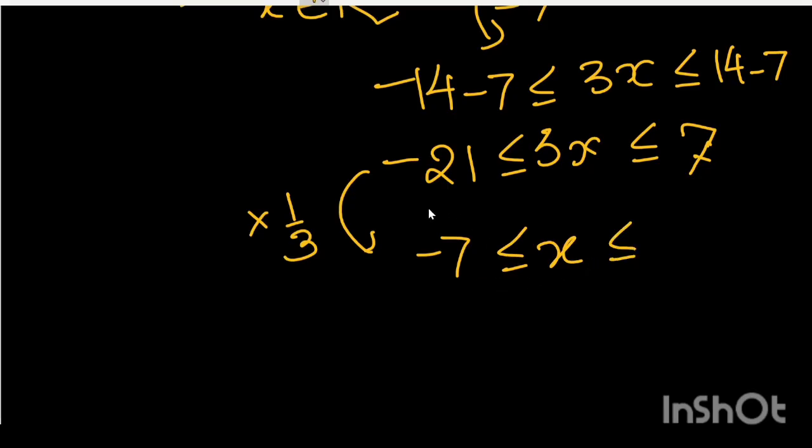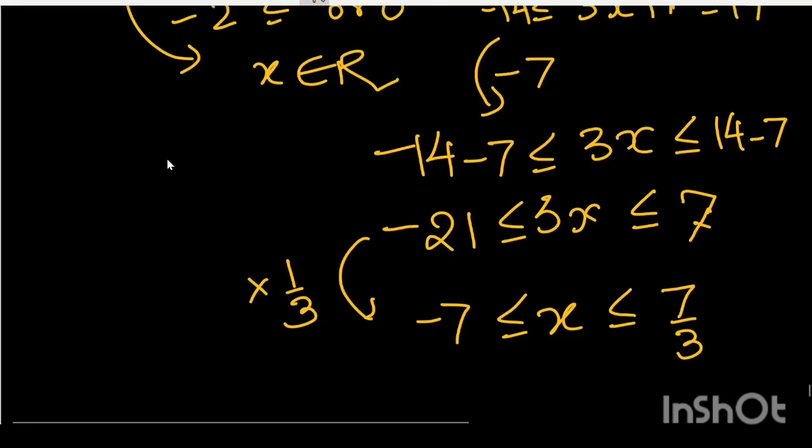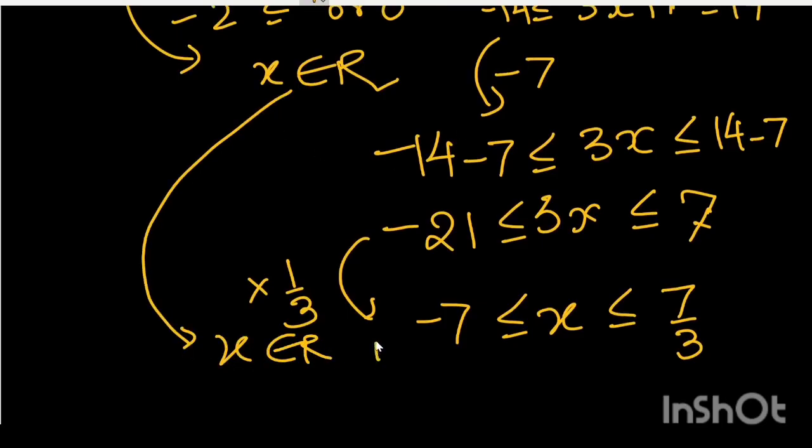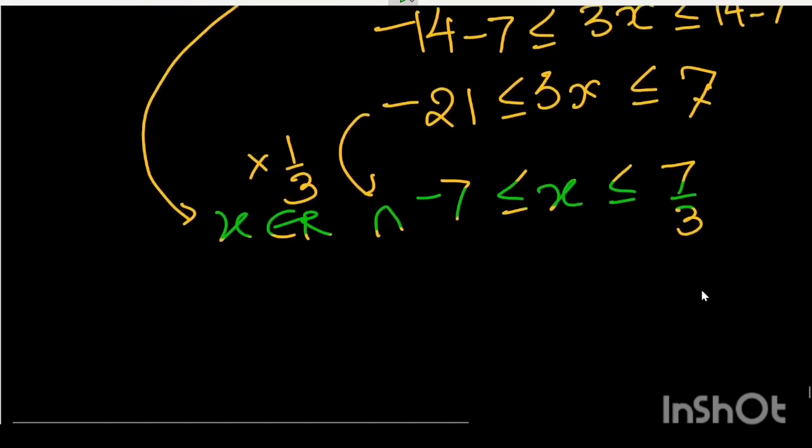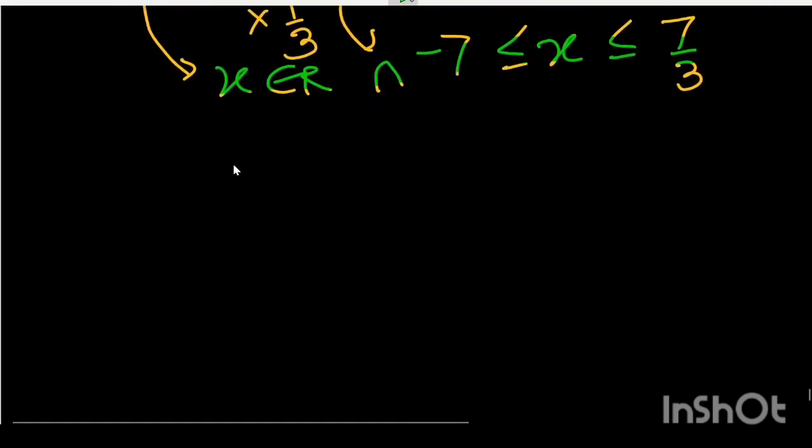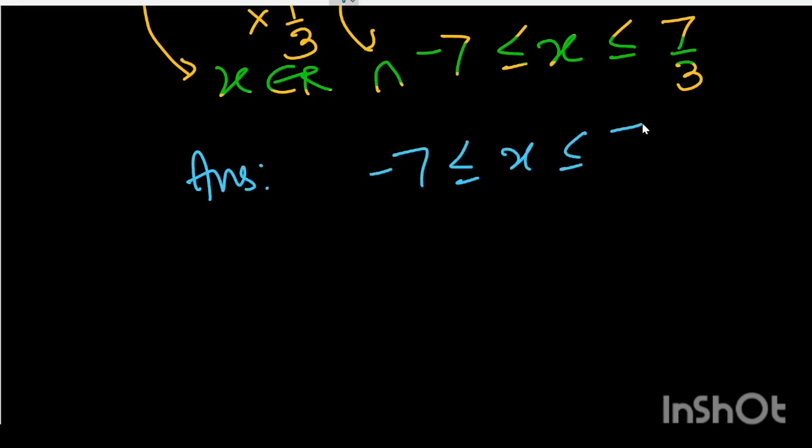Okay, so 21 by 3 is minus 7, and 7 by 3. Now here we got x belongs to R, so x belongs to R intersection with minus 7 to 7 by 3 is what, guys? So the answer is minus 7 to 7 by 3 only, guys.